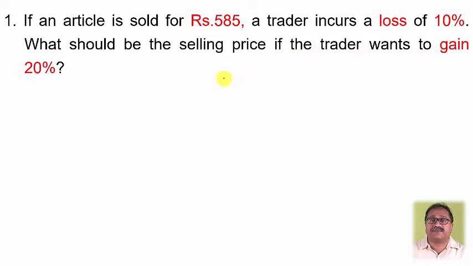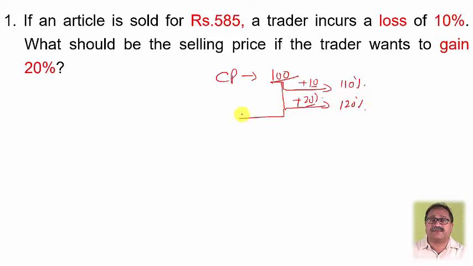We know that the cost price is always 100%, and when there is a profit of a certain percentage, let's assume a profit of 10%, then your selling price will be 100 plus 10, 110% of the cost price. When your profit is 20%, then your selling price will be 100 plus 20, that's 120% of the cost price.